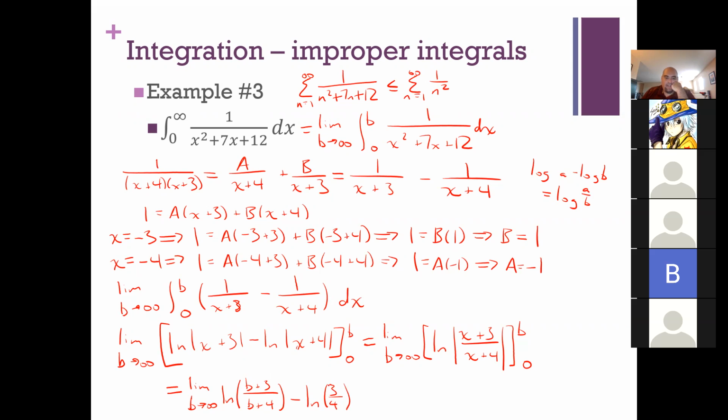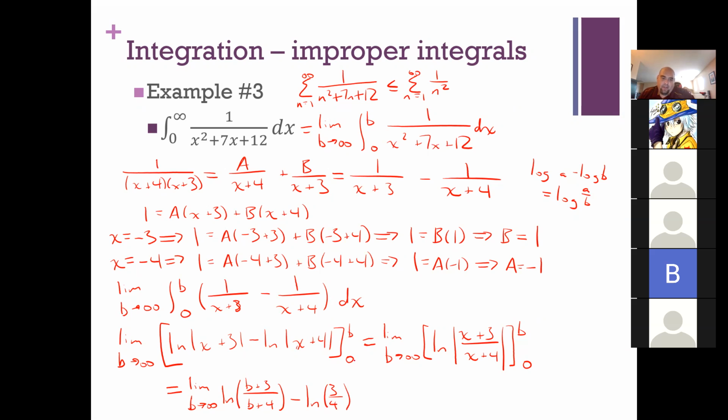Now natural log of 3/4 is well defined. That's going to be finite. What's going to happen to this term on the left as B gets very, very big? It's going to approach ln of 1, which is just 0.